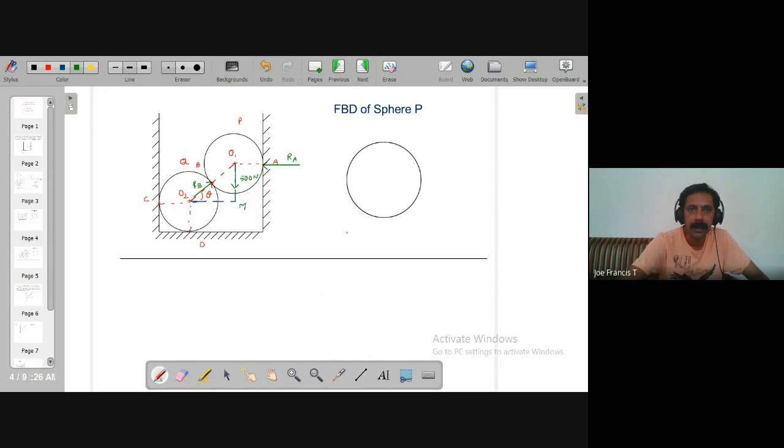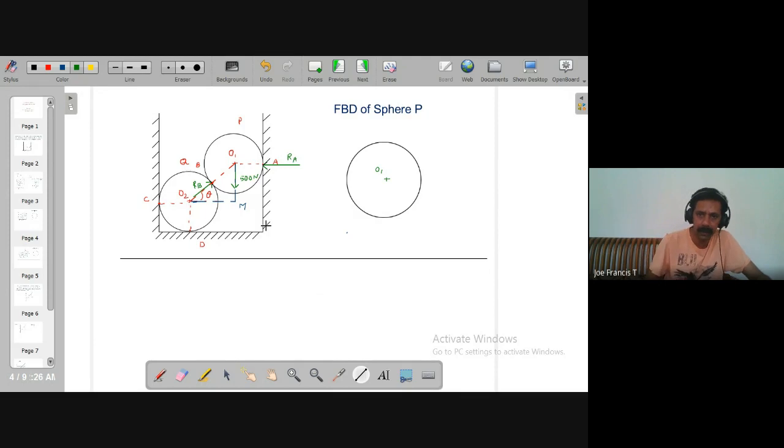So suppose we have the sphere here. Let's first mark the center of gravity, which is say O1. Let's mark all these forces. Let's start from the weight.